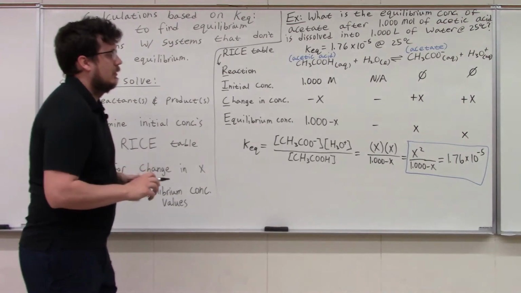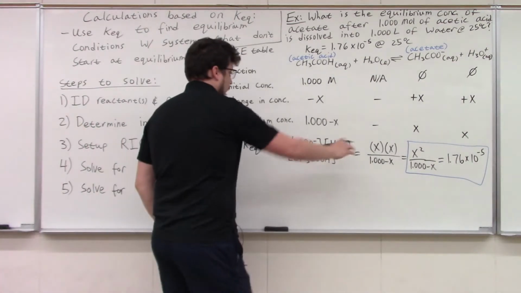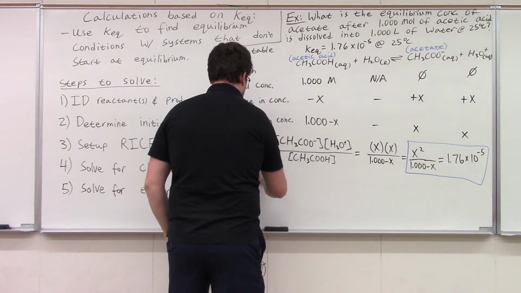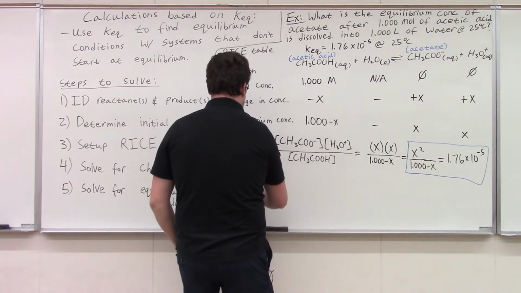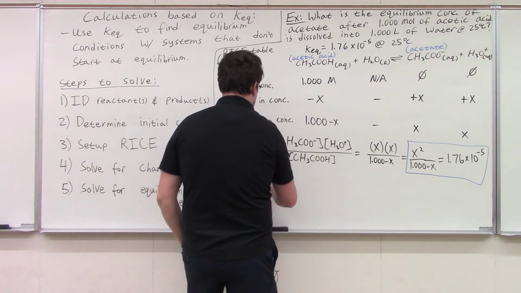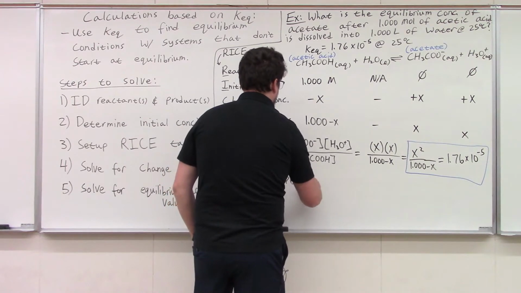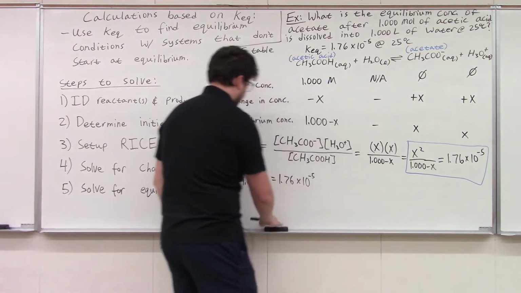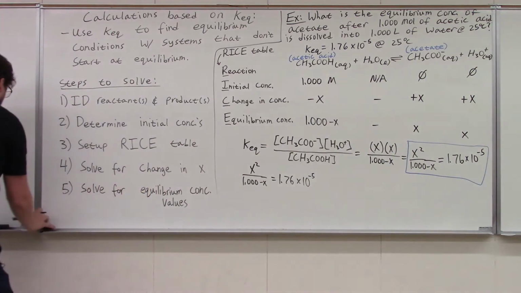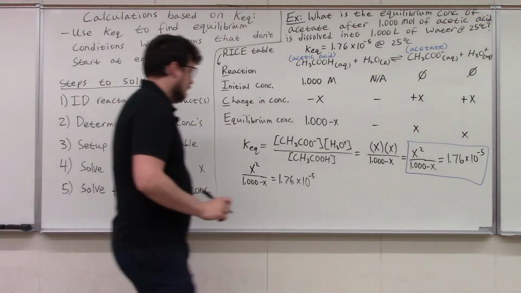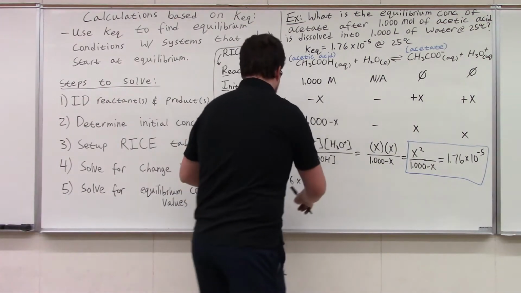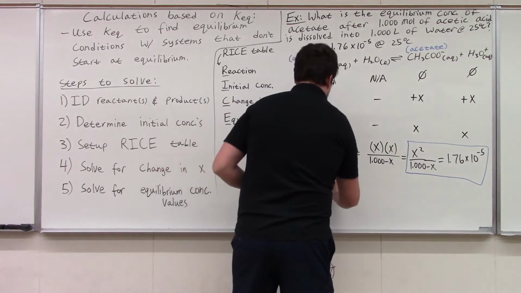I'm going to rewrite it down here. I've got x squared over 1.000 minus x equals 1.76 times 10 to the minus 5. Well, I can do a little math here.